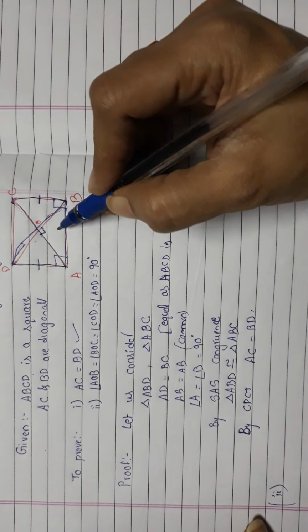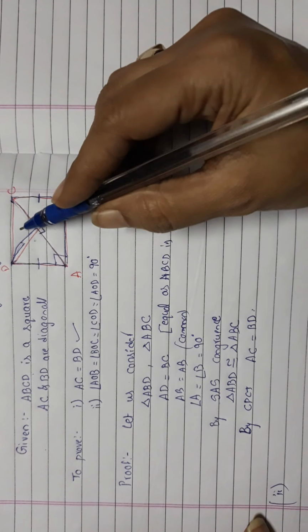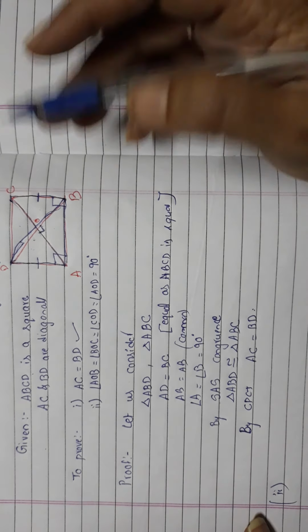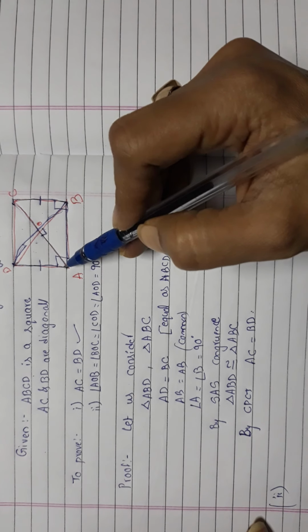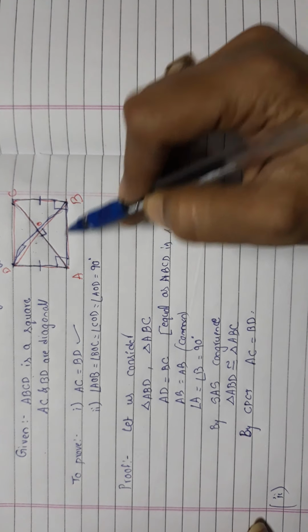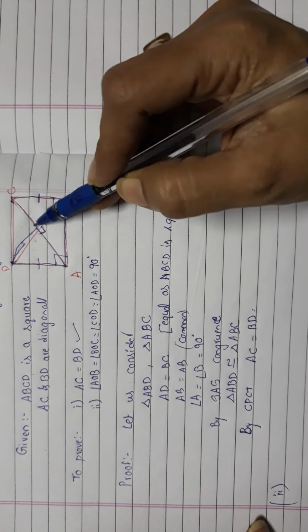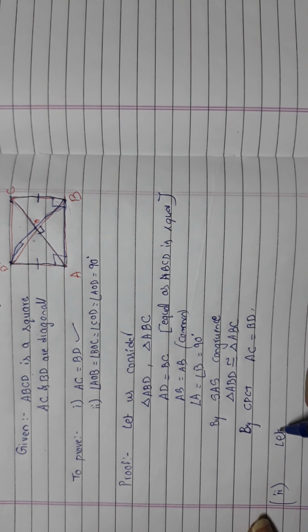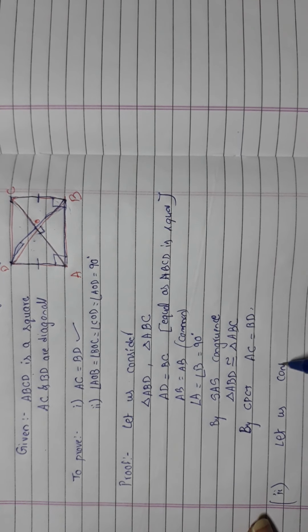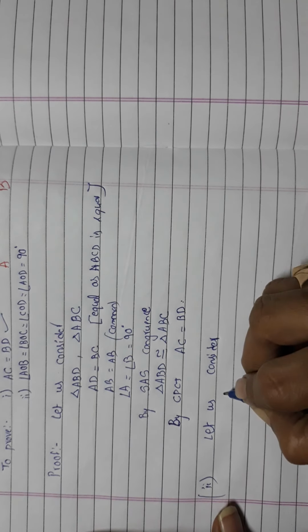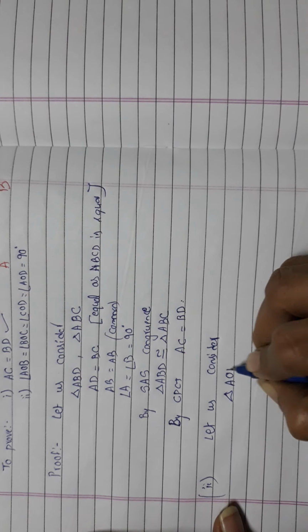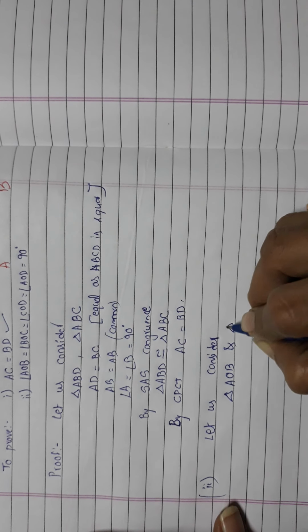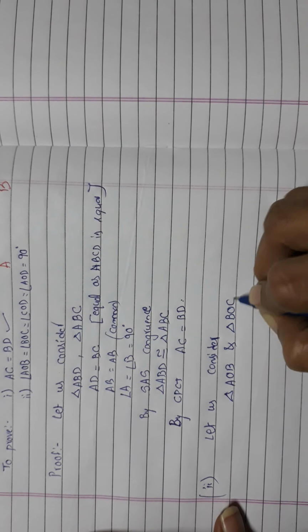For that, I am considering any two adjacent triangles. You can consider any two adjacent triangles, either AOD or AOB or COD. Any one triangles you can. So let us consider triangle AOB and triangle BOC.